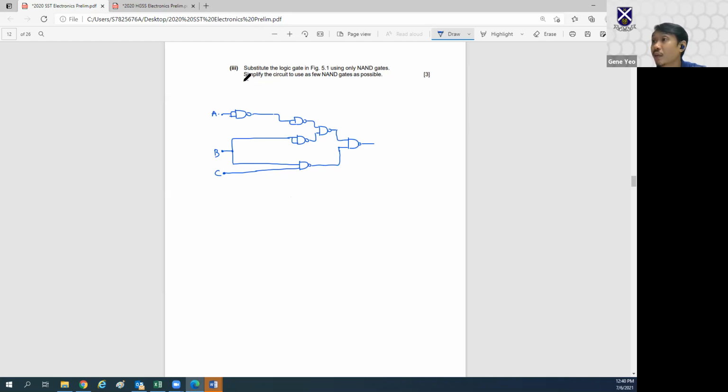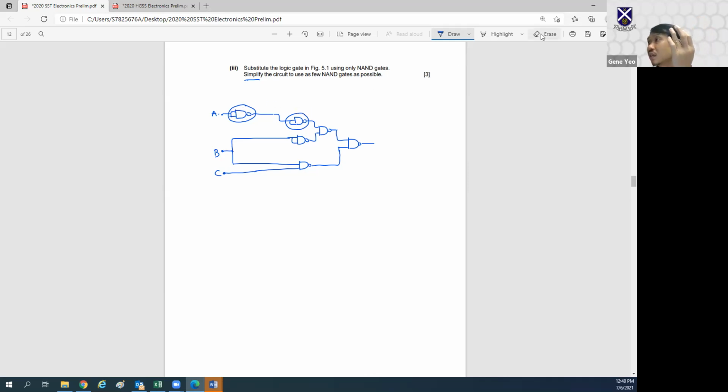Now I'm going to simplify it. What I'm looking for are basically two NAND gates lined up front and back. So I spot this fella and this fella, NAND gate front and back. The NAND of a NAND is the original, so I can cancel these two.